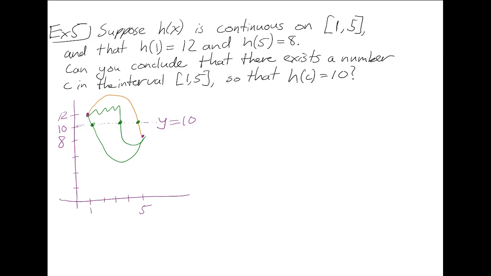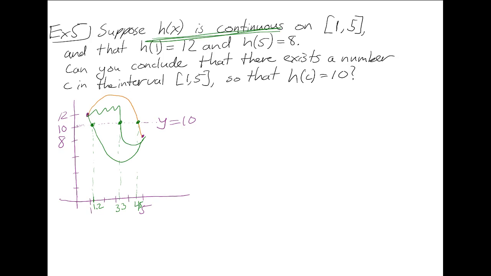So in any of these cases, whichever graph you have, if it's here, maybe your value of c is like 1.2 or something, and here it looks like c is 3.3, and here c is like 4.8. But either way, no matter what the graph looks like, as long as we know it's continuous, it means that it has to cross that line.